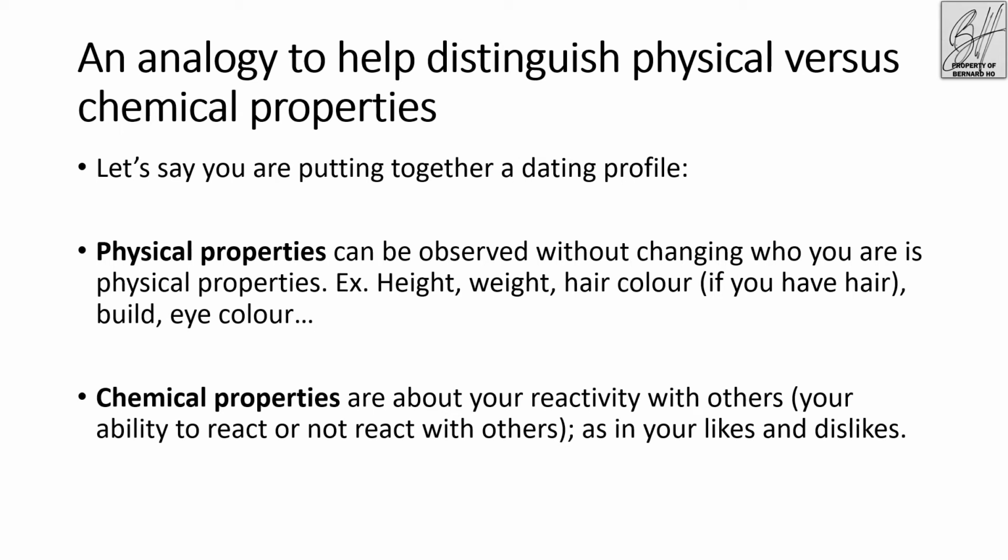And that's because we are, quote unquote, reacting to and reacting with other people. Whether we are reactive or attracted to someone else is all about our reactivity and our ability to react with that person. And when we can't react with someone, we hear the common saying, we just didn't have any chemistry together. And we can only determine a person's likes and dislikes by seeing what that person reacts to and doesn't react to.